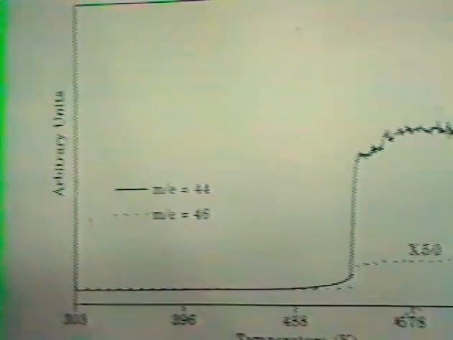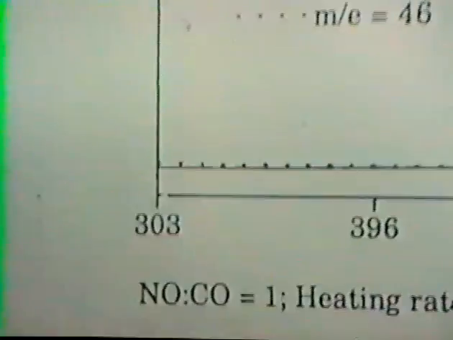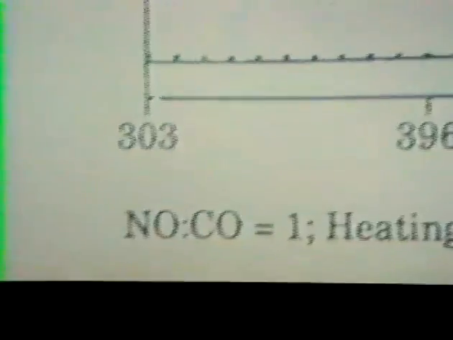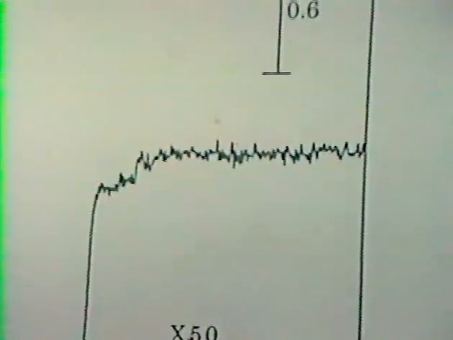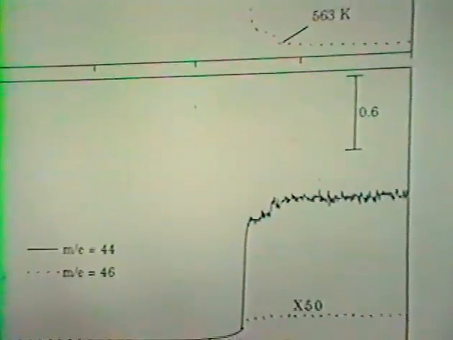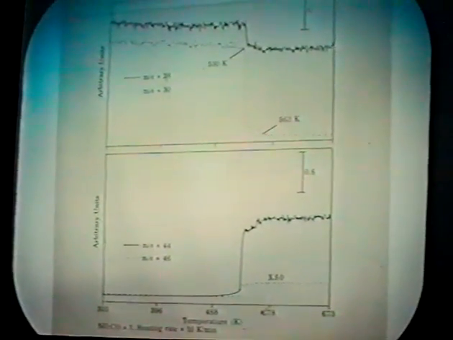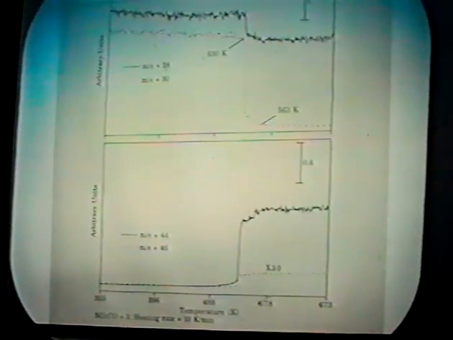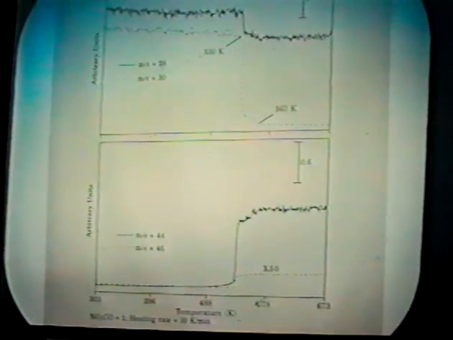The 28, mass 28 here is the mass of the nitrogens, and this is the mass of the NO, and 44 is the mass of the CO2 and N2O species, and 46 is the mass of NO2.